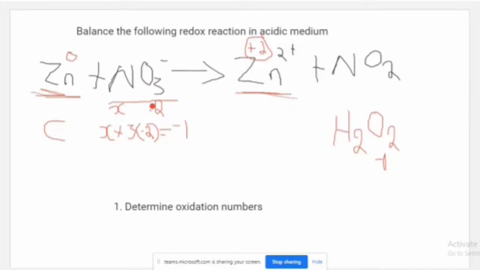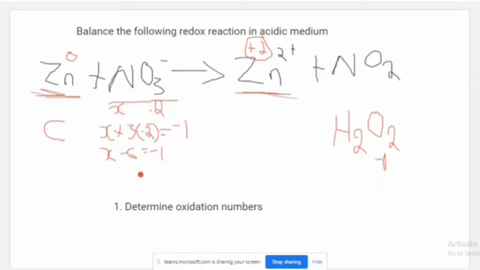How are we coming up with this equation? X plus 3 atoms of oxygen times the oxidation state of oxygen should be equal to -1, which is the charge. So in other words, the oxidation state for nitrogen plus -6 equals -1.